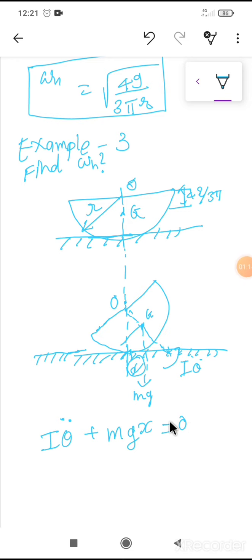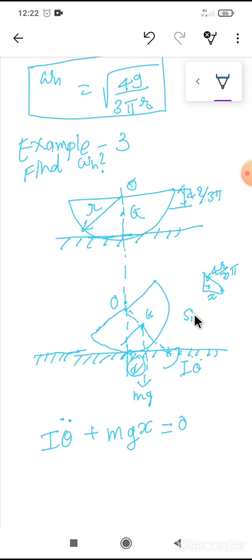So now what is x? Now as we know, this will form a triangle. So let's form a triangle. So this is x, this is a 90-degree angle, and this length we know is 4r by 3 pi, and this angle is theta. Now if I want to find x, let's take sine theta.